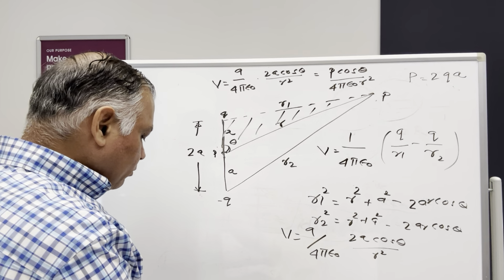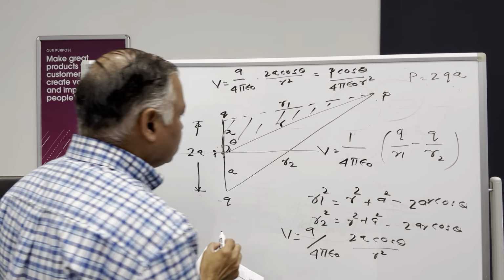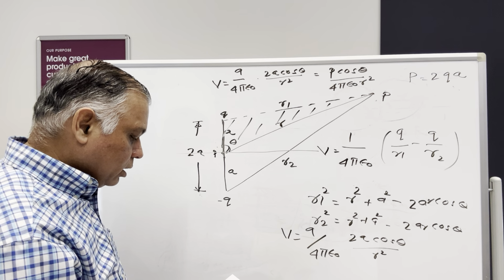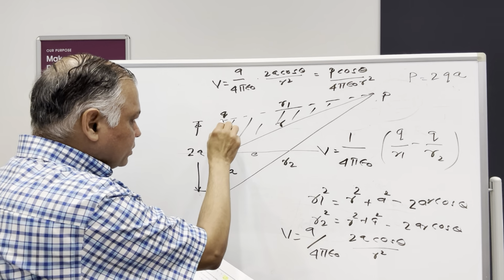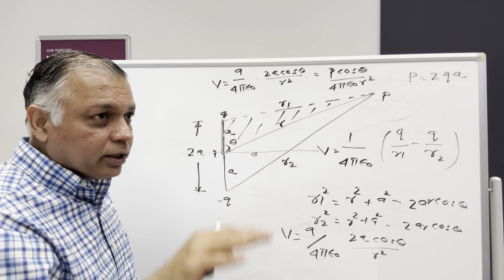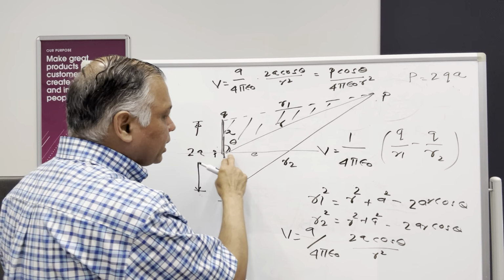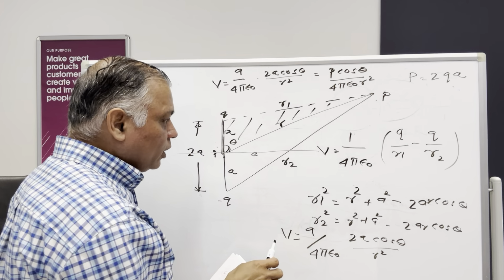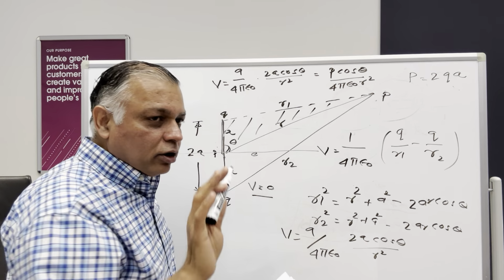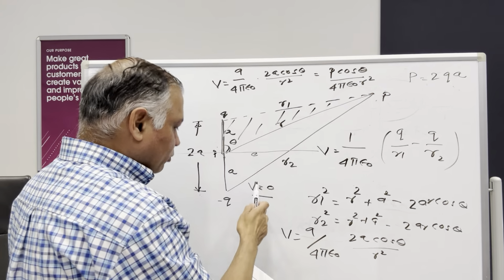Now if this point P lies on the axial line, right? So this is the equatorial line and this is the axial line. That's where a special case comes in, if there is anything in the verbiage that says point P lies somewhere. Now if it is lying on the equatorial line, then basically voltage will be 0. Why? Because cos 90 is 0. So if you plug in, automatically voltage will be 0.